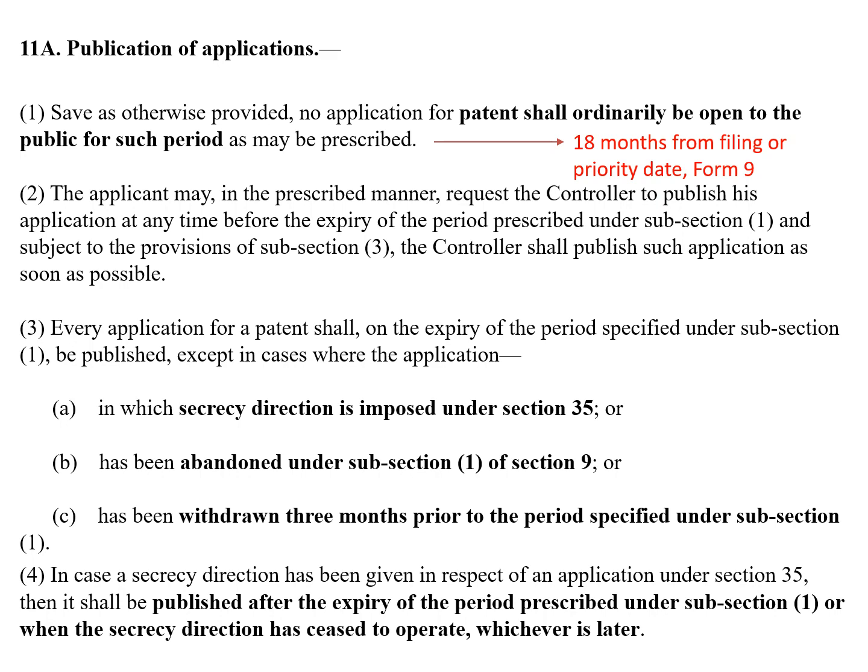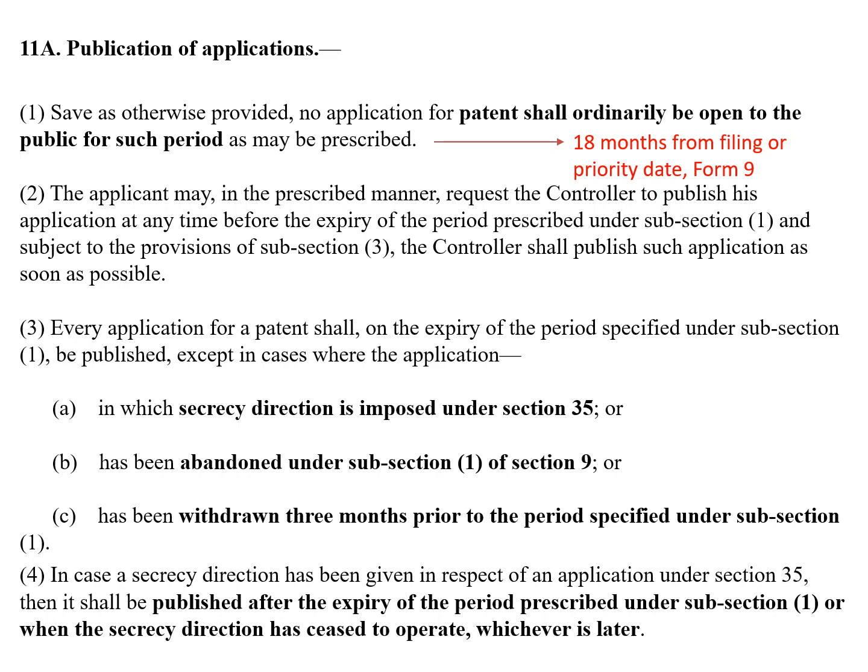If it is abandoned under subsection 1 of section 9, that means you have not filed the complete specification within 12 months of filing the provisional application, or it has been withdrawn 3 months prior to the period specified under subsection 1, that is 18 months. So if, for example, within 15 months the application has been withdrawn, under these circumstances your application will not be published. This is often asked in the objective type questions.